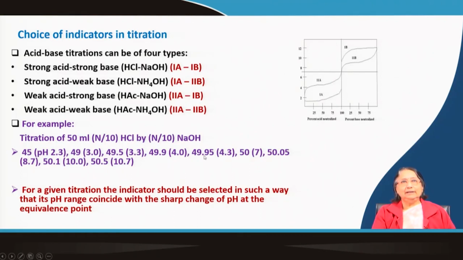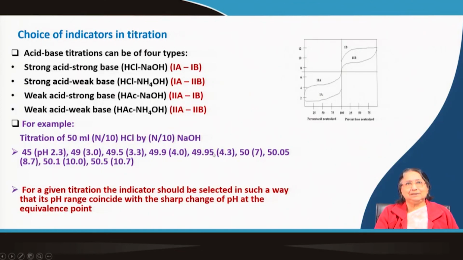Okay. So, we must carefully observe here. It is just before the neutralization point, it is 4.3, and this is just after the neutralization point, 8.7. So, it is a huge jump, okay. Huge jump, where to where? 4.3 to 8.7, okay.